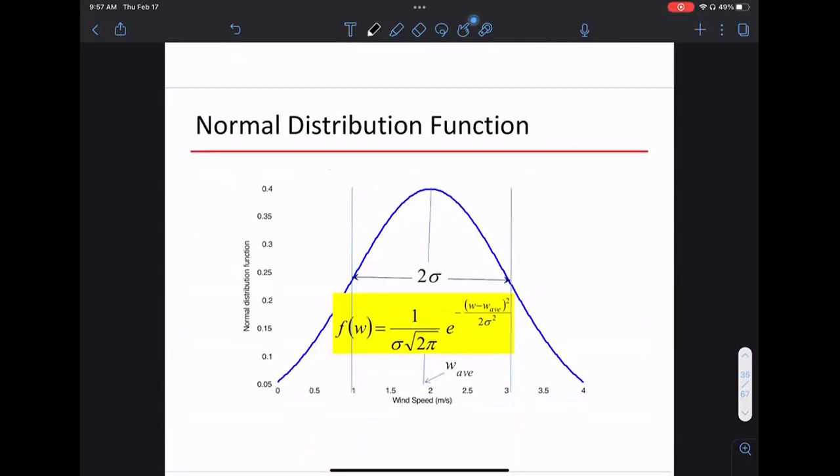It does have this nice-looking symmetric shape. This is e to the something squared, so it has a tail that drops off very quickly at the two ends. It is very concentrated around the mean, centered at the mean with some standard deviation spread around.